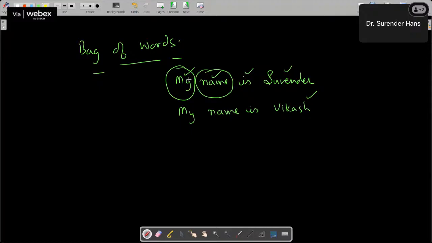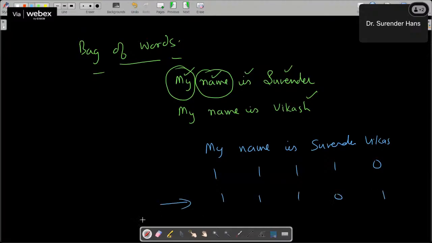First you write the unique words: my, name, is, Surendra, Vikas. Then that is the bag of words for the first sentence, and this is the bag of words for the second sentence.